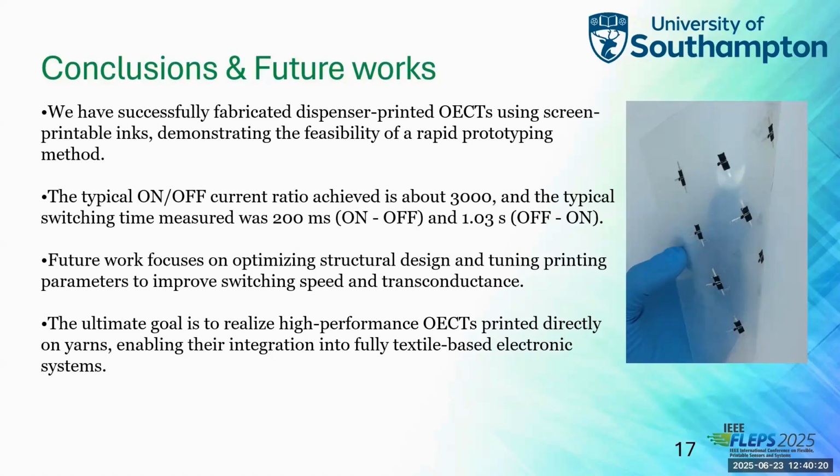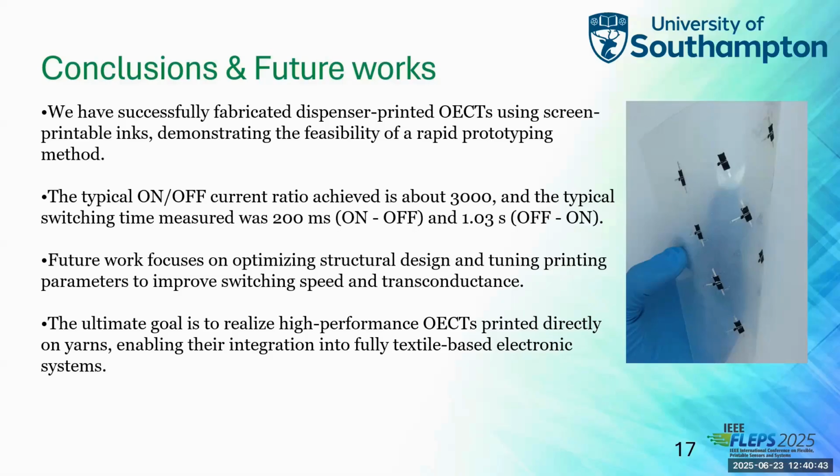And the typical switching time is 200 microseconds to off and 1 second to on. So for future work, we will optimize the structure and the material to get faster speed or a bigger current ratio.